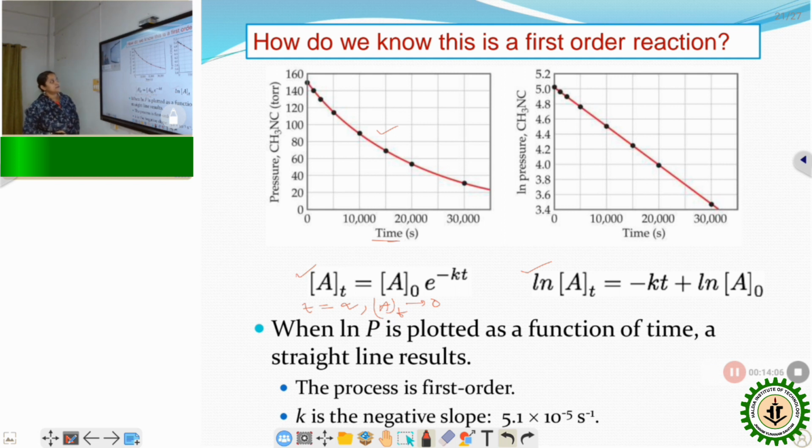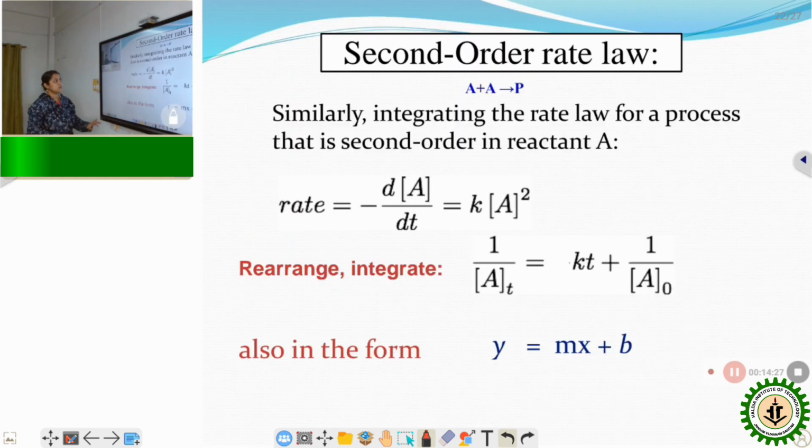So in this way, for any unknown reaction, if we plot the experimental data, the concentration of the reactant molecule with respect to time, and if it follows the standard rate equation, from that we can conclude that this reaction is following the first order or second order or whatever. Now we will discuss the second order rate law equation.